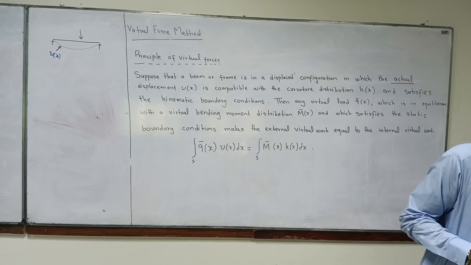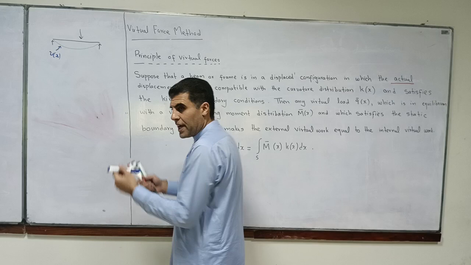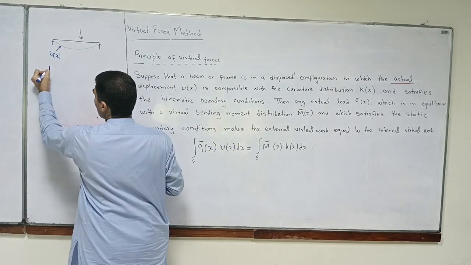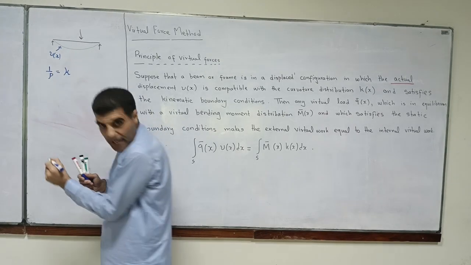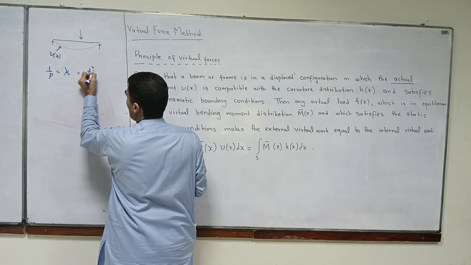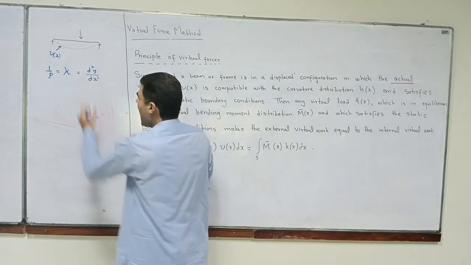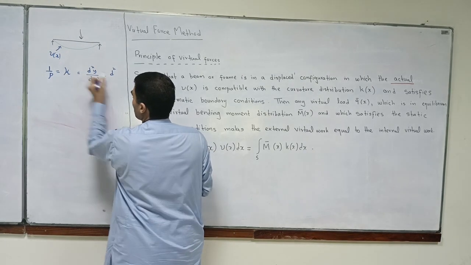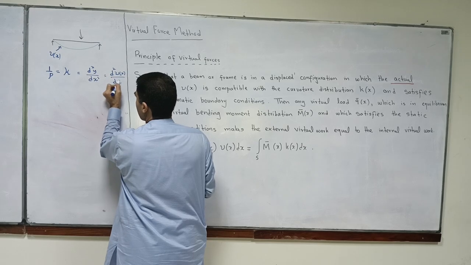First of all, what is curvature? Imagine, you remember we did 1 by rho is equal to K, curvature, is equal to d2y by dx square, or we can say d2 v of x by dx square.